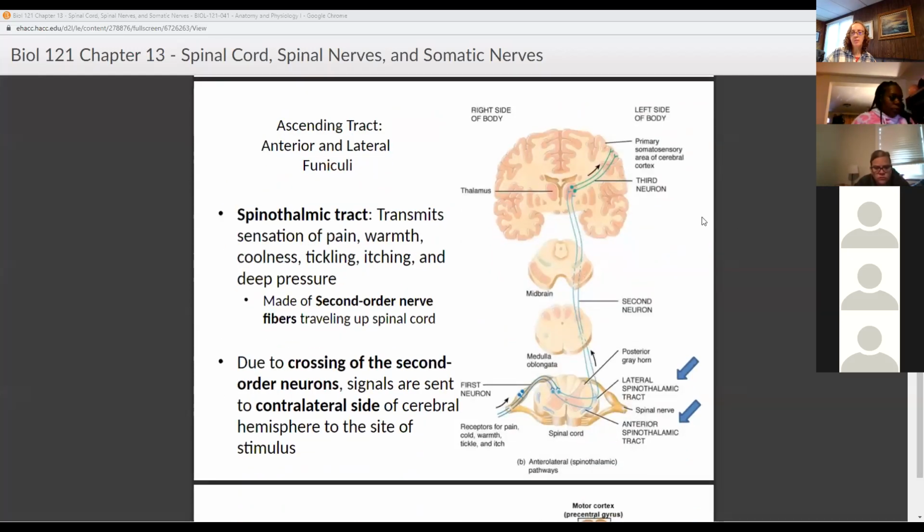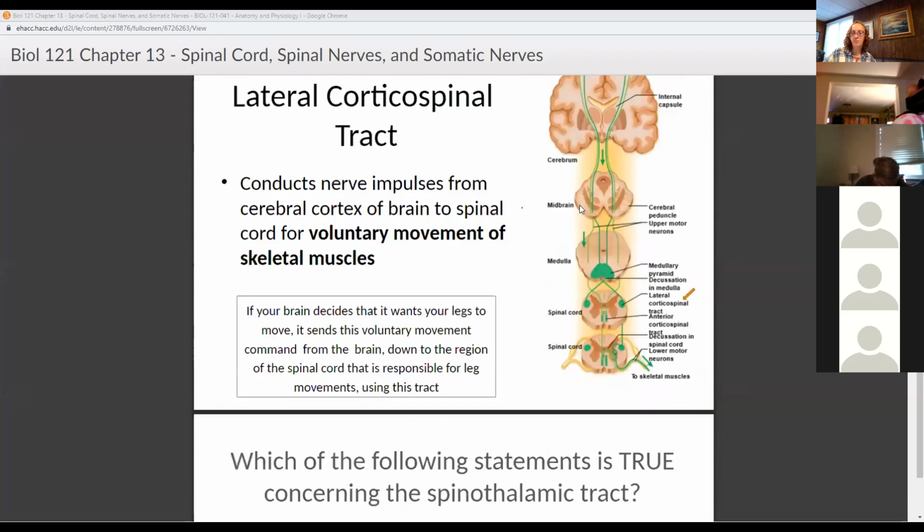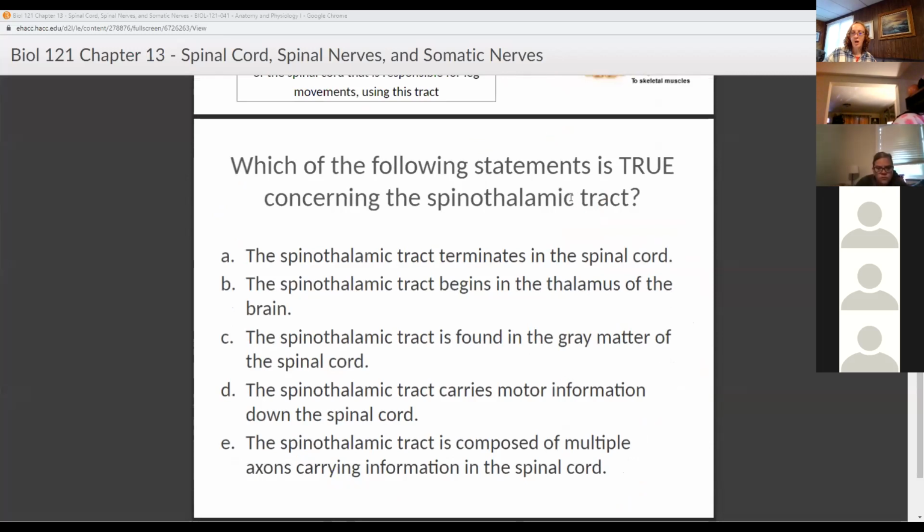One thing that you see here, it's made of second order nerve fibers. So it's originating in the spinal cord and it's going up to the thalamus. Is it motor information or is it sensory? Sensory. It's sensory, so it can't be D.